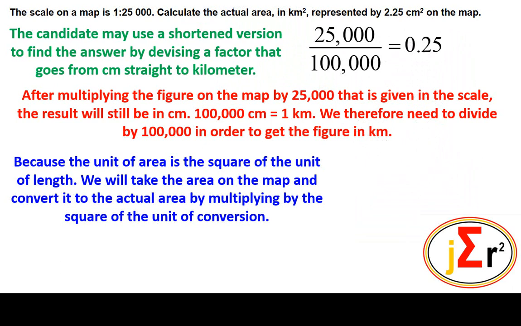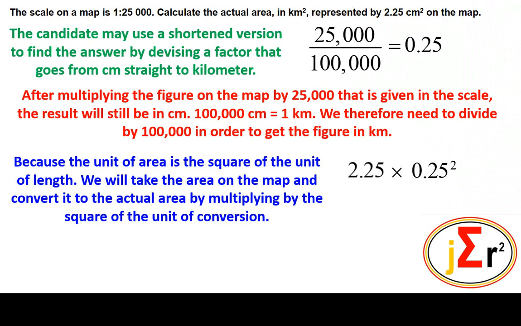So we will take the area that is given on the map and we will multiply, we intend by the scale factor, but we need to square it because we are converting area, and area is in units squared, or length squared, or unit of length squared.